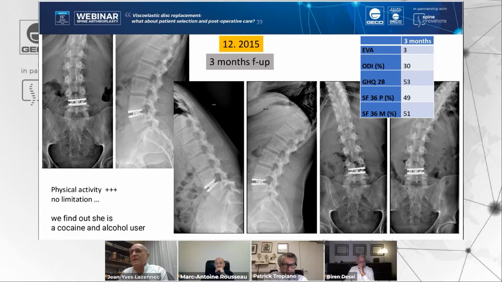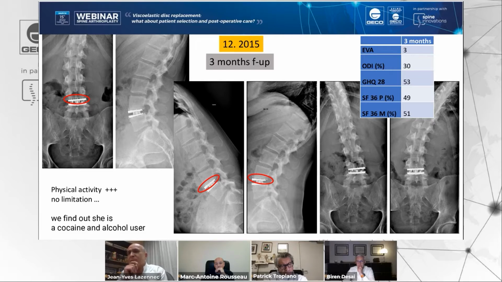And I fully agree with Patrick saying that the limitation of movement postoperatively is something interesting during the bone ingrowth or the bone ongrowth period. And you can see that something worried me. You see a radiolucent line on the upper part of the prosthesis.